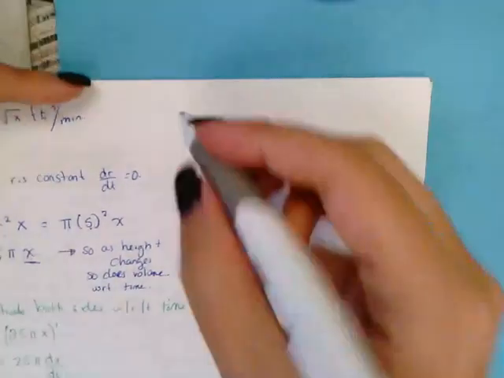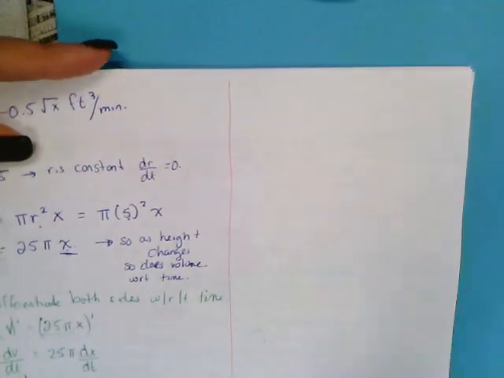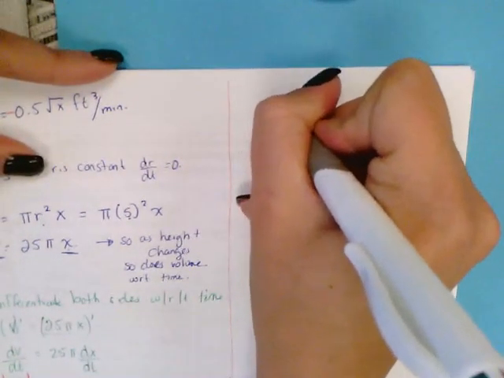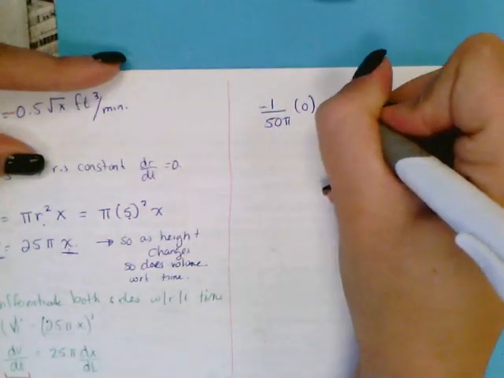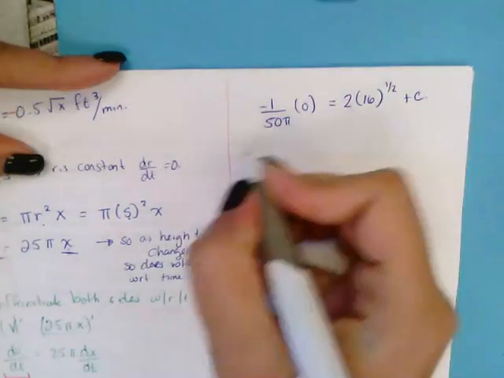So I'm going to come back up here. I'm just going to draw a line. So now I'm going to take my problem, -1 over 50 pi times 0. I'm applying my initial conditions equals 2 times 16 to the 1/2 plus C. Solve this.